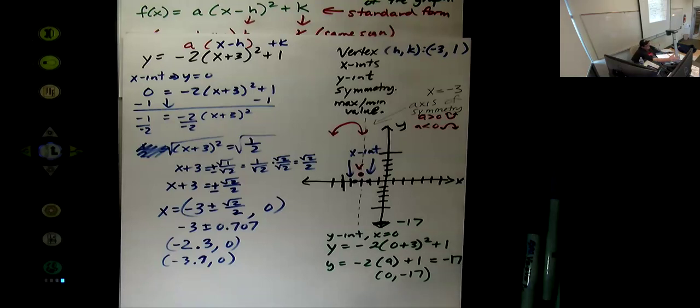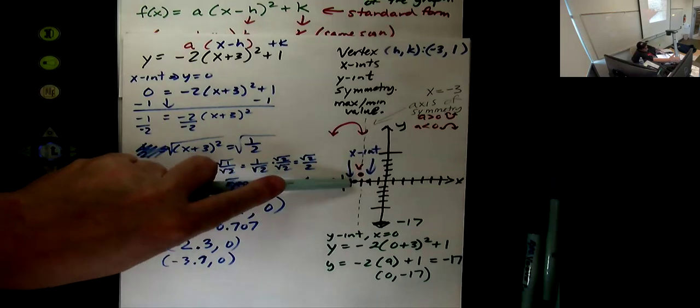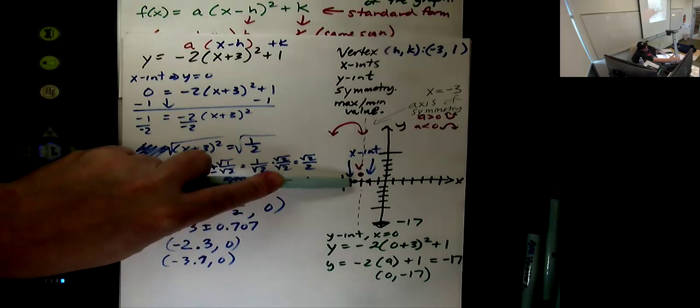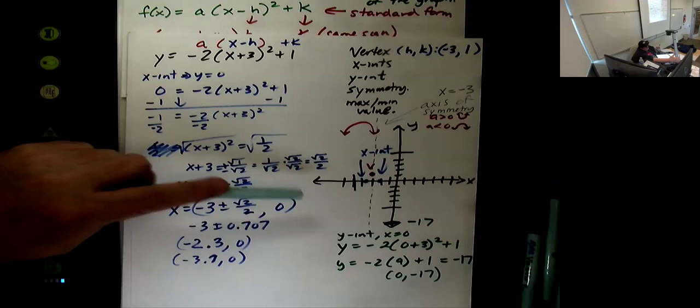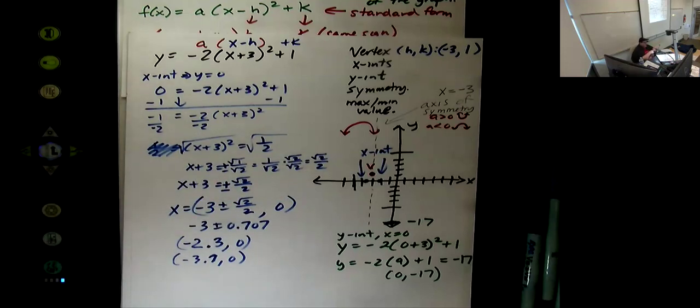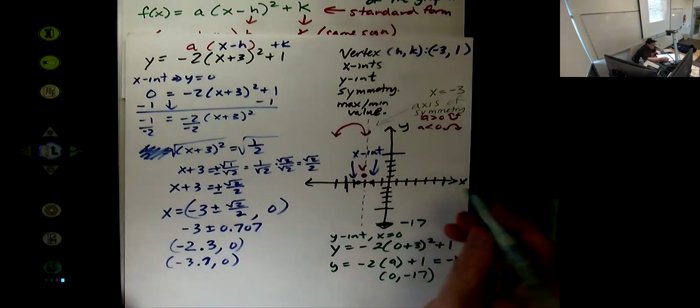How do we use it? Well, we can make sure the x-intercepts are equally distant from that axis of symmetry. They're both 0.7 away from it, which is good. The other way we're going to use it is for the y-intercept. We are going to mirror the y-intercept over the axis of symmetry.